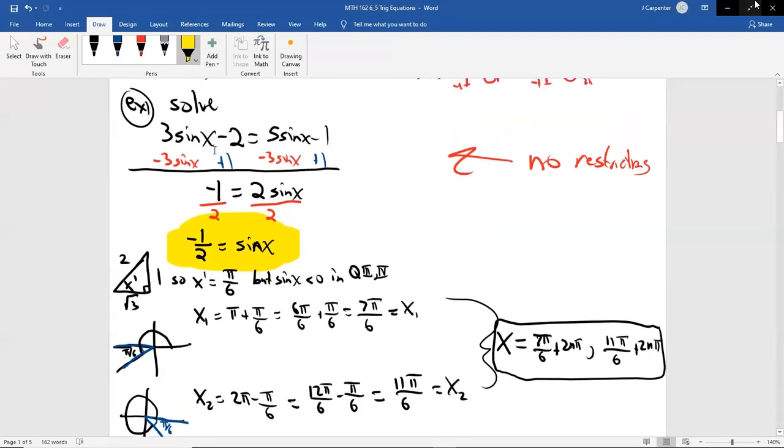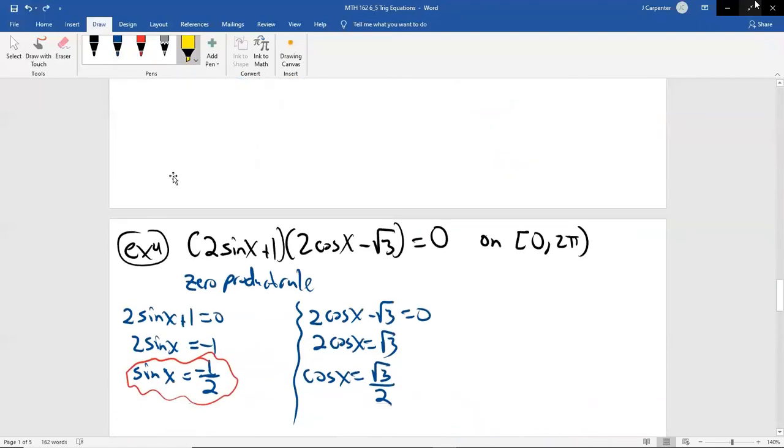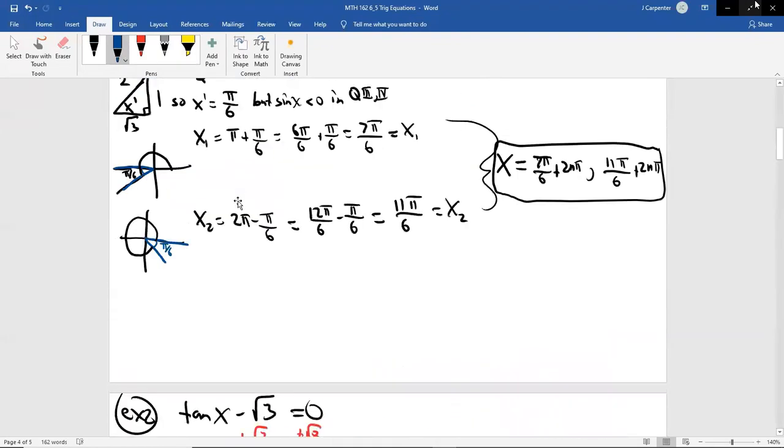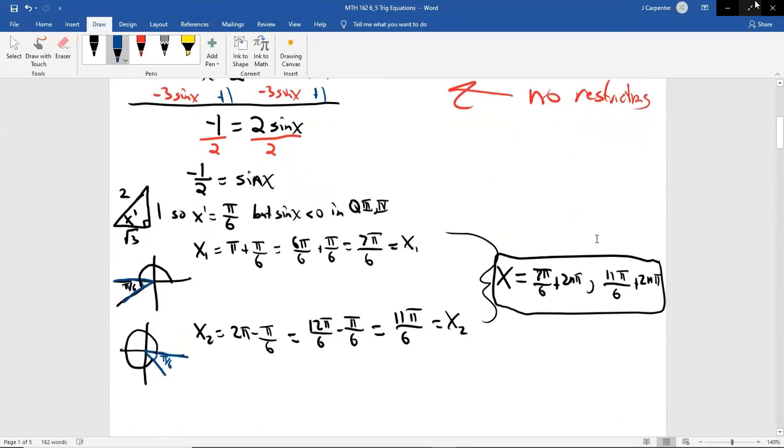You can just say, by example 1, we know x is equal to, now those solutions were, shoot. Sorry about that. I should have put them in my brain. I scratched too hard. 7 pi over 6 and 11 pi over 6 plus their 2n pi's.